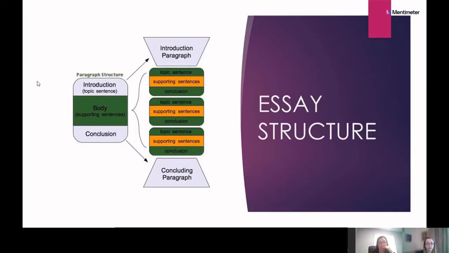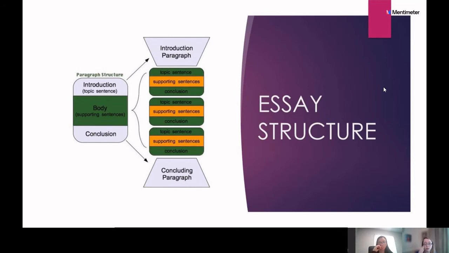So now just look briefly at the essay structure. When you're writing your essay, you're going to have the basic structure of an introduction, a body, and conclusion. And this will be for different types of assignments. The breakdown of how many paragraphs you'll have will depend on the essay itself, the word count, and what your lecturer has asked you to do in the assignment brief.